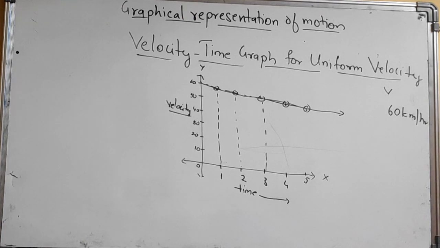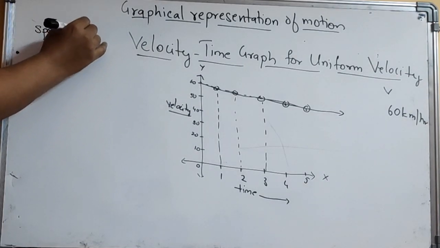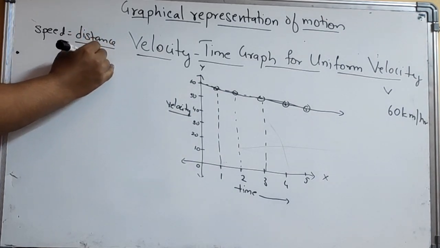Using this given data, we can find out the distance covered by that object in the given period of time. Now we are going to use the same formula for speed. Speed is equal to distance upon time.